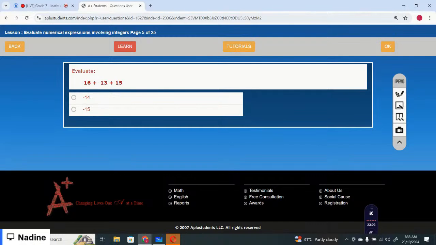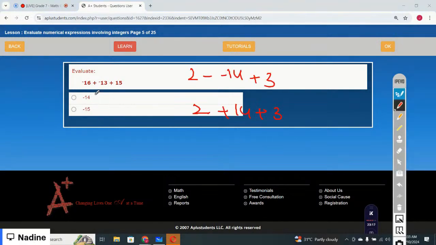-16 plus -13 plus 15. So you have to do -16 and -13. You need to add them, that makes negative 29, and plus 15, you have to subtract them and you need to put the sign of the greater one. So negative 29 plus 15 is negative 14.